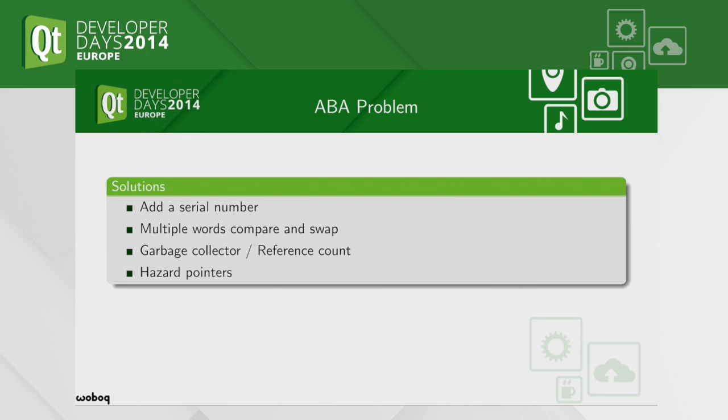If you have a garbage collector, that means that if the thread that wants to read the node still has a reference to the node, you're also safe, because the node will not be destroyed and reused as long as one of the threads has a reference to it. In C++ you don't have a garbage collector, but you can use reference counting for that.